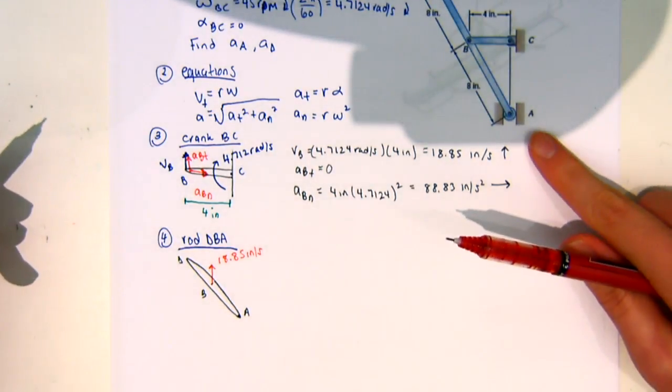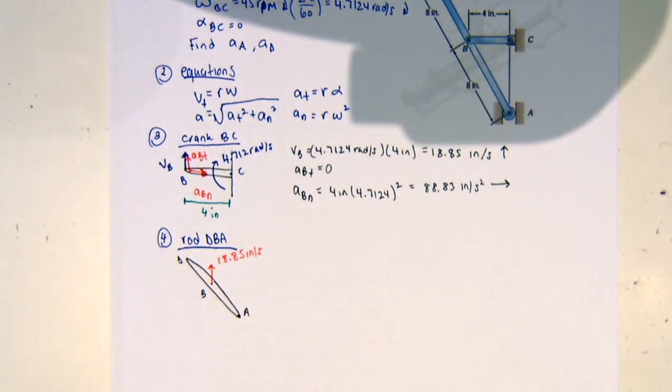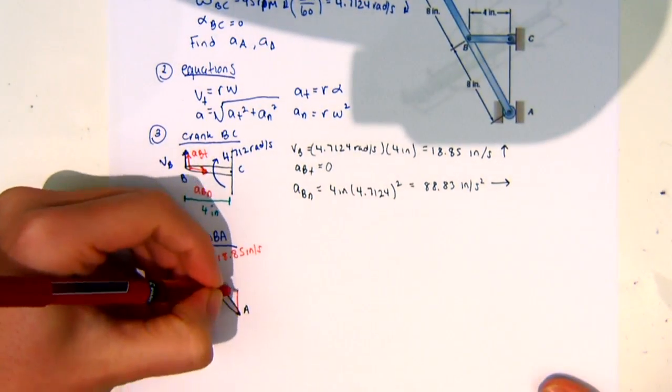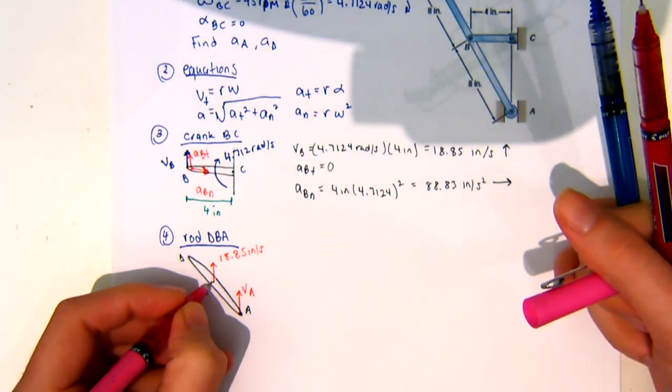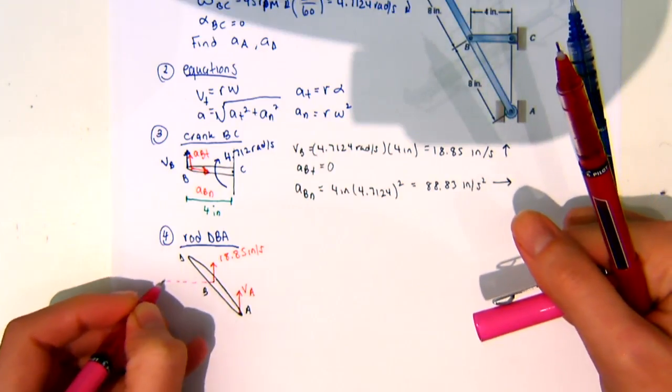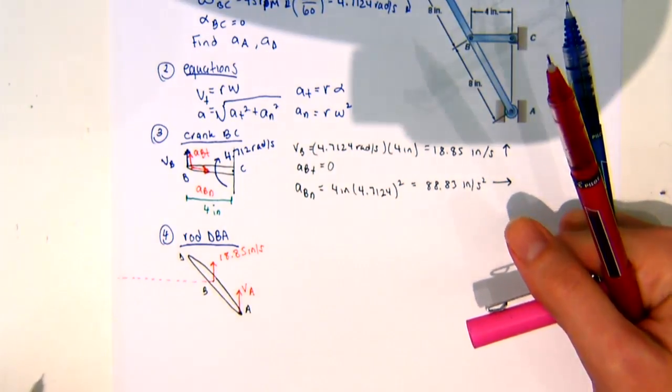So, looking at point A, what kind of motion is it constrained to? Yeah, so it can only go up and down. So we know that velocity of A has to go up, right? And so looking at this problem, if I were to try to draw an instantaneous center, do you guys remember how we would do that? To get an instantaneous center, you draw a line at the tail of your velocity vector, perpendicular to that velocity vector.